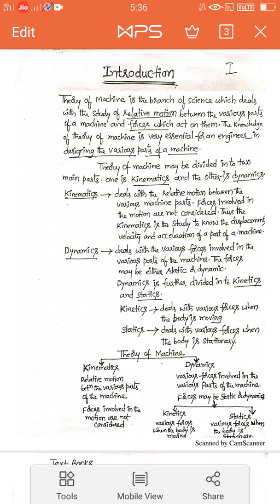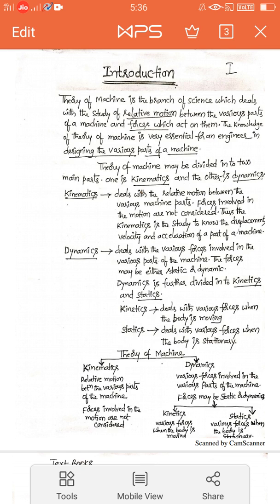So, what is the outcome of kinematics? We focus on the relative motion between the various parts, thereby we evaluate further the different parameters like displacement, velocity, and acceleration of each and every part of a machine.